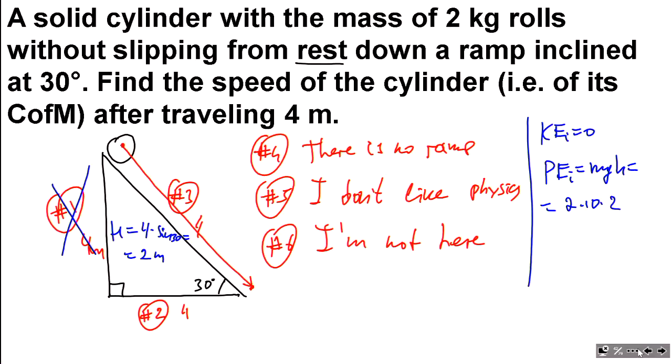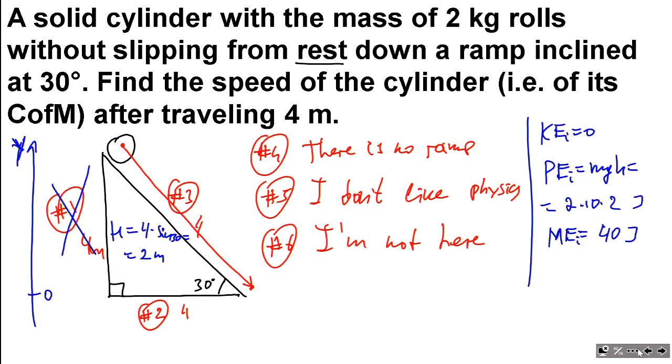Naturally, the 0 level for potential energy is chosen at the lowest location, which is at the bottom of the ramp, in joules. So the initial mechanical energy is equal to 40 joules.